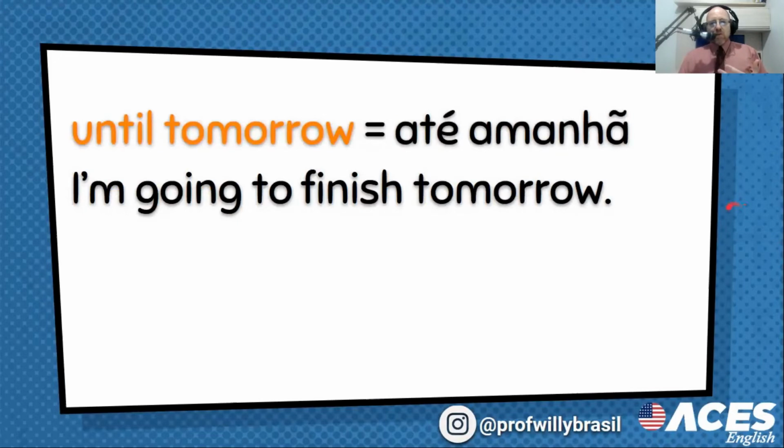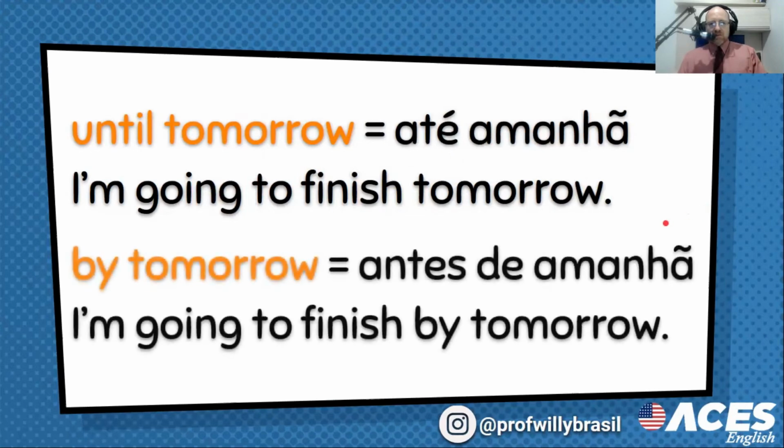With until tomorrow, we have até amanhã. I'm going to finish tomorrow. Okay, so we have two possibilities here. By tomorrow, then we have antes de amanhã. I'm going to finish by tomorrow.